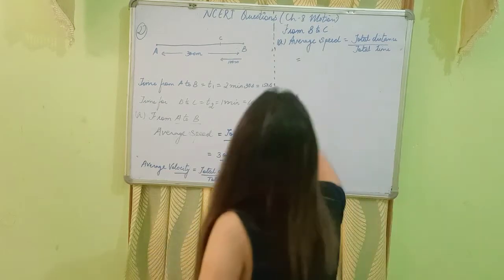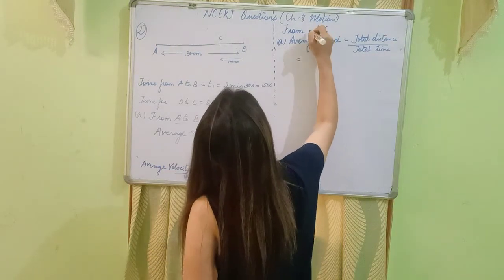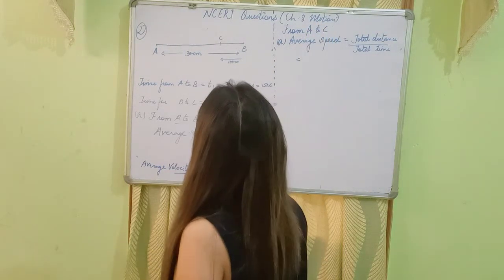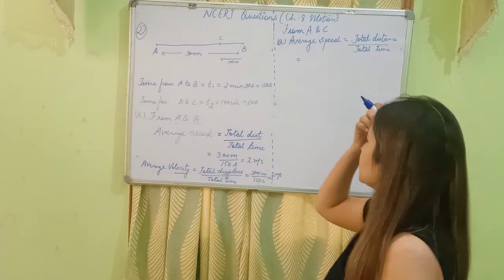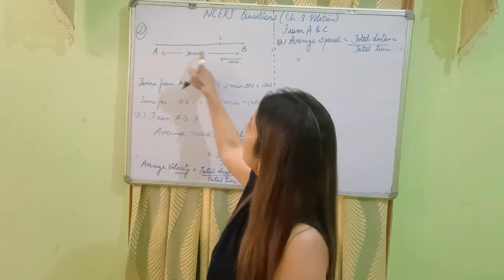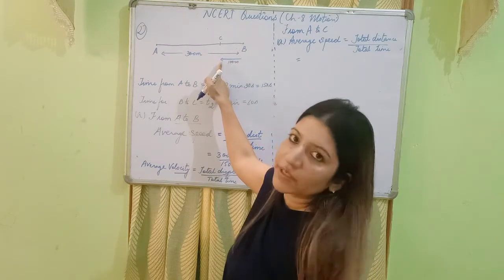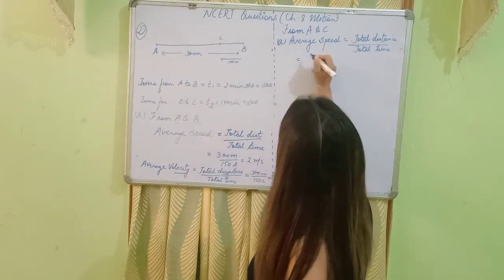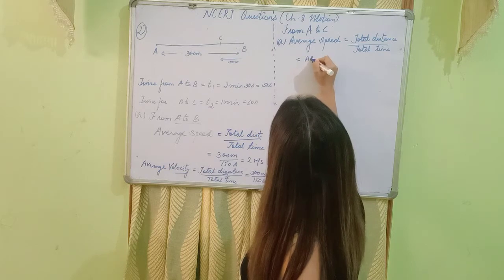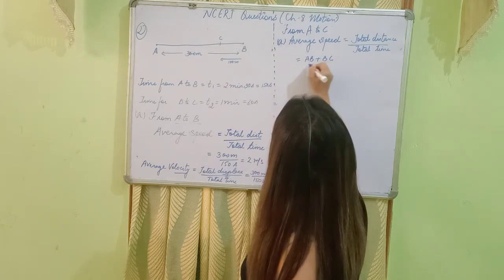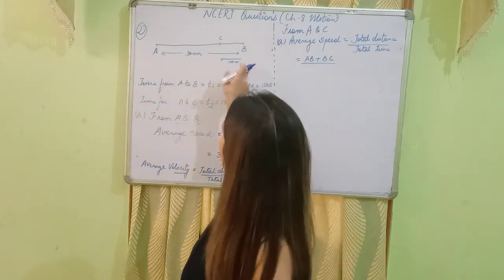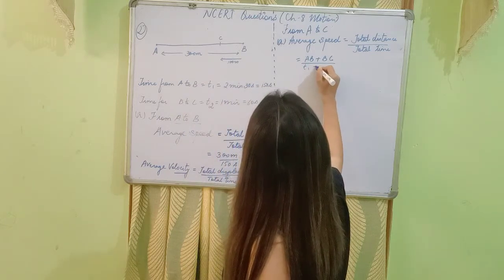Oh no, it is from A to C, complete A to C. From A to C, the total distance covered is, first 300, then he comes back, so this is also distance covered. So total distance will be A to B plus B to C, by total time taken. We'll again take T1 plus T2 as the total time.